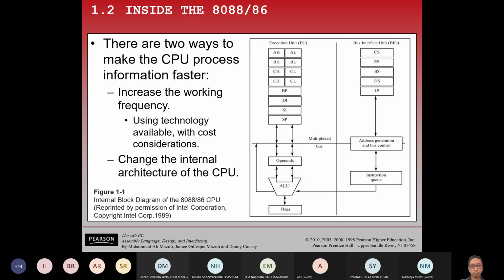And then your flags below the ALU are also registers. These are interconnected with the buses. As I said before, the bus is like a highway, so the information is transferred between these registers by using the bus.